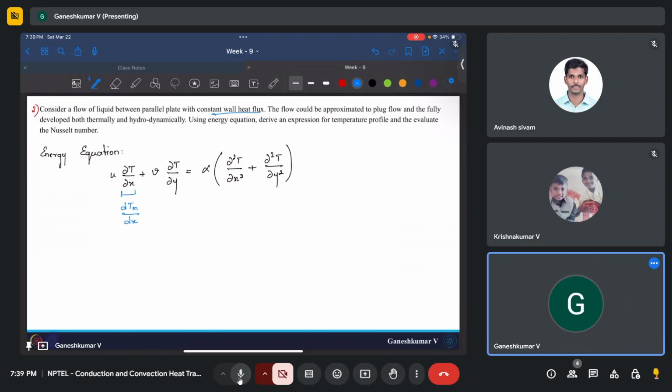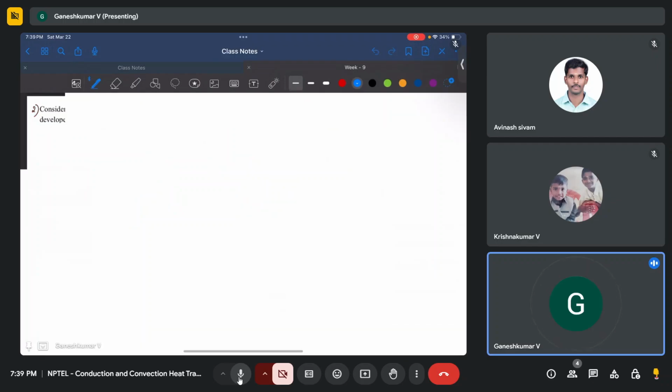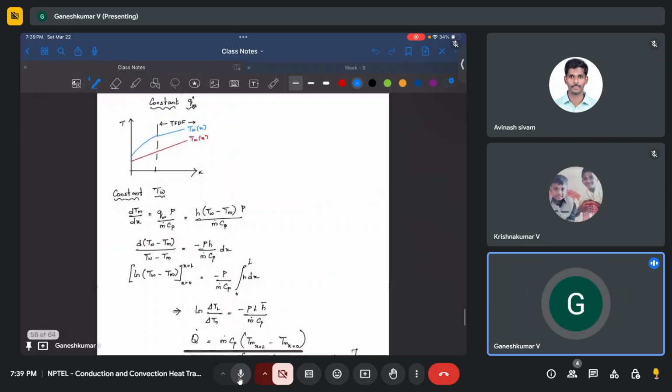And we know that this is going to be 0 for a fully developed flow. And this is again 0 because the temperature gradient along x is constant. So this is what we did for constant wall heat flux.